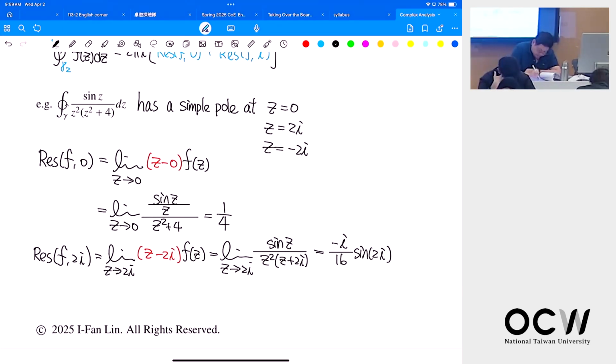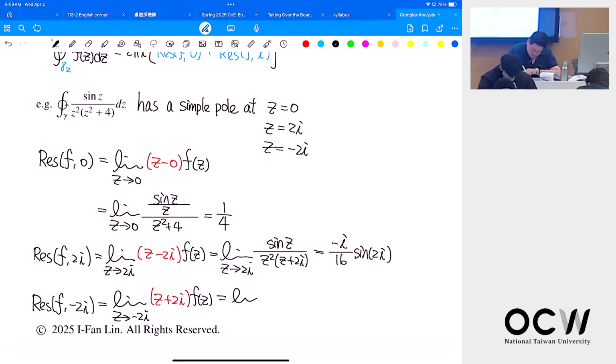And similarly for the residue at minus 2i, we multiply by z plus 2i and your function f of z. Then you have sine z divided by z squared, z minus 2i.